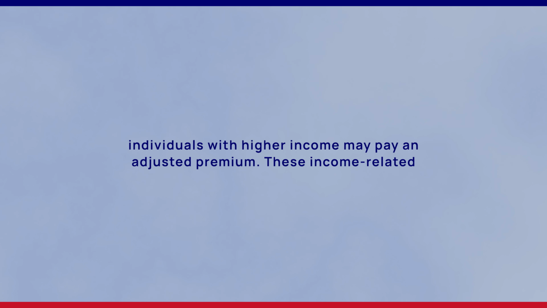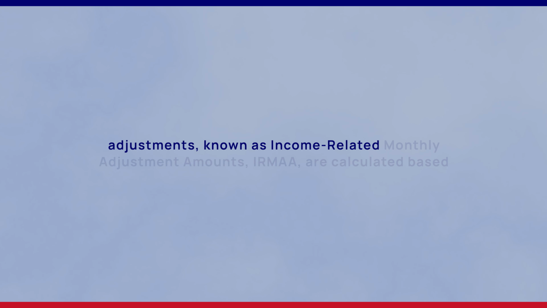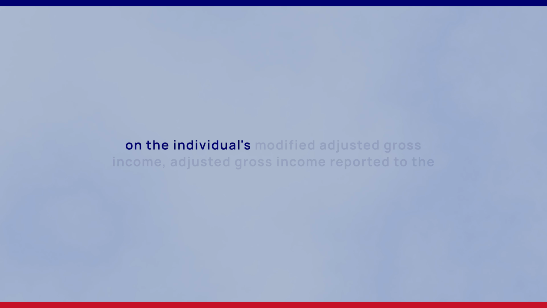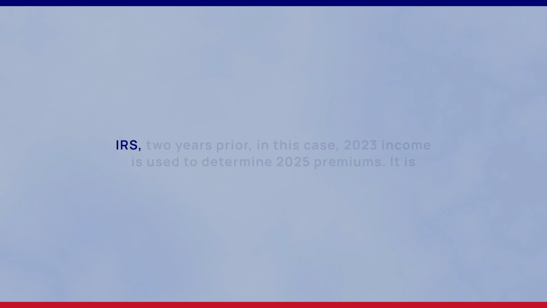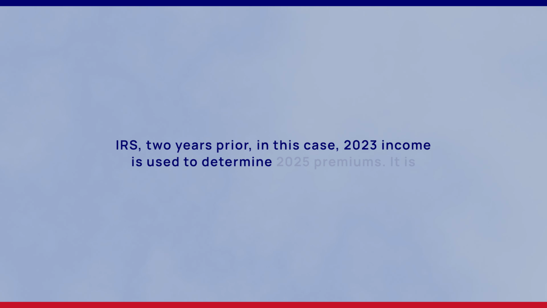These income-related adjustments, known as Income-Related Monthly Adjustment Amounts, IRMAA, are calculated based on the individual's modified adjusted gross income reported to the IRS 2 years prior. In this case, 2023 income is used to determine 2025 premiums.